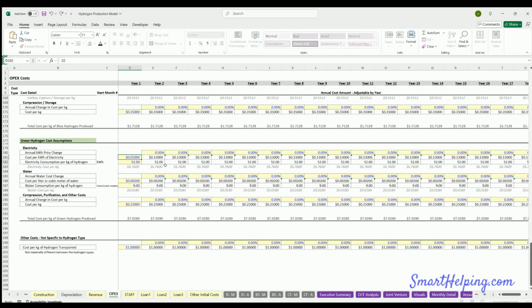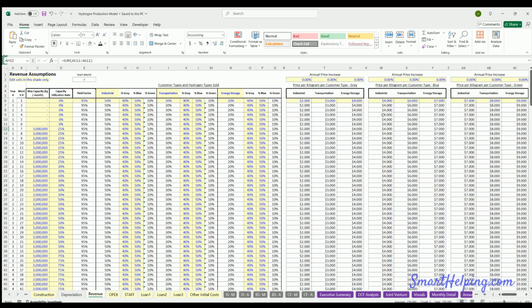We'll put this back down to 5. But usually green is more expensive. And you could source your electricity through renewable energy sources as well, but that could be even more expensive. And this is why, because there are these different costs, I've got different pricing inputs for the different types of hydrogen, as well as for different customers.